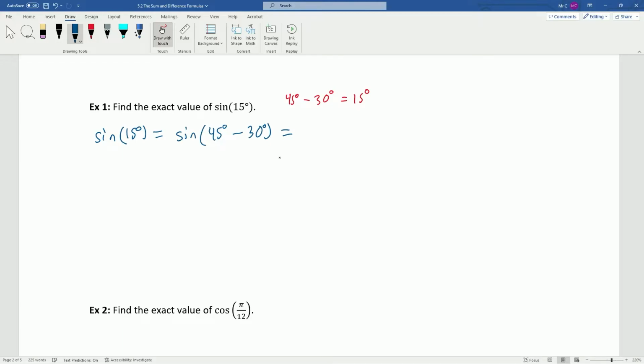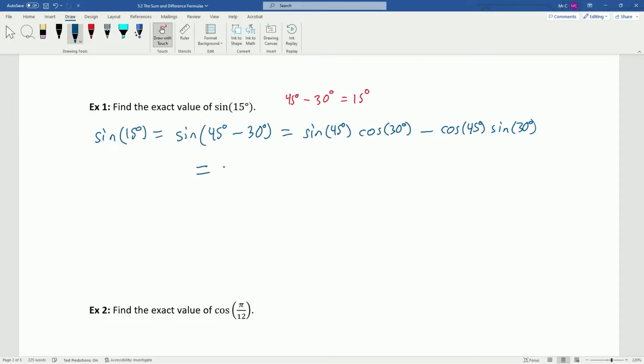And that allows me to apply the difference formula. And so again, this is sine, cosine, cosine, sine. The sign in the middle is the same. And then UV, UV, UV. 45, 30, 45, 30.